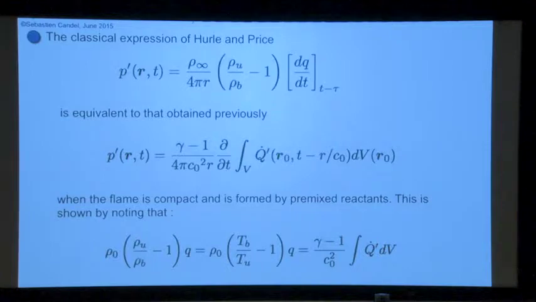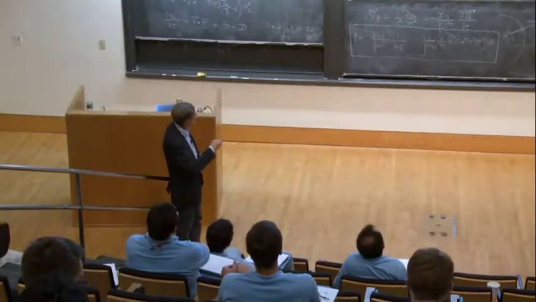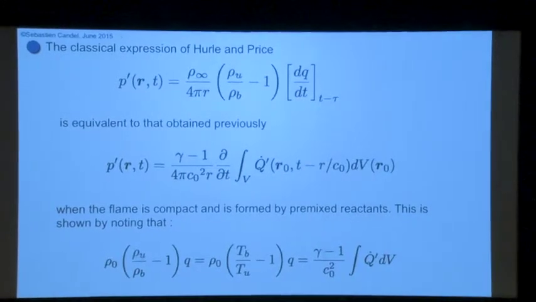So this and that are very much the same. You see, the rho U over rho B is like TB over TU. So the older theory and the more modern one are related. You see these two things are related.